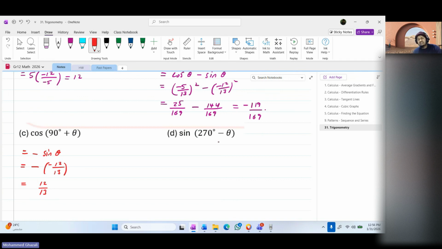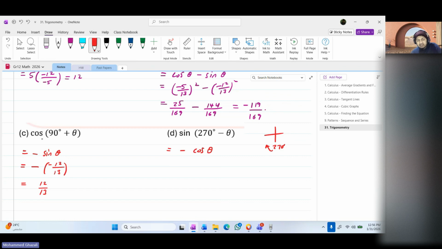Sine of 270 minus theta. 270 and minus theta, right? So vertical reduction still. That's in the third quadrant. Remember, 270 minus theta is in the third quadrant. That's the 270 line here. Minus theta is in the third quadrant. So sine is also negative in the third quadrant. So negative cos theta. Why do we change it to cos?